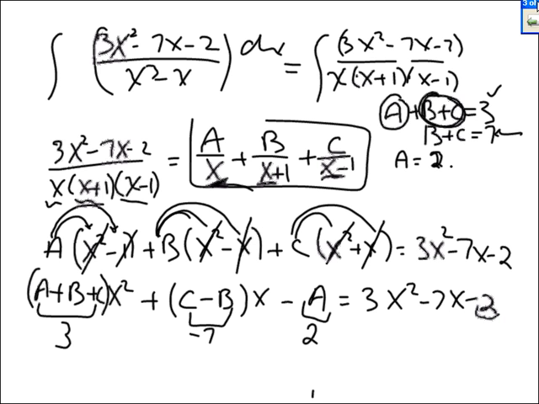And c minus b, or b minus c, that's our error, sorry. C minus b is negative 7, and negative a equals negative 2, which means a equals 2. Okay, sorry about that error. I know you all saw it.